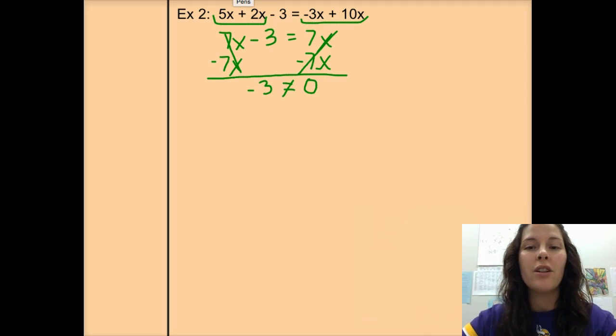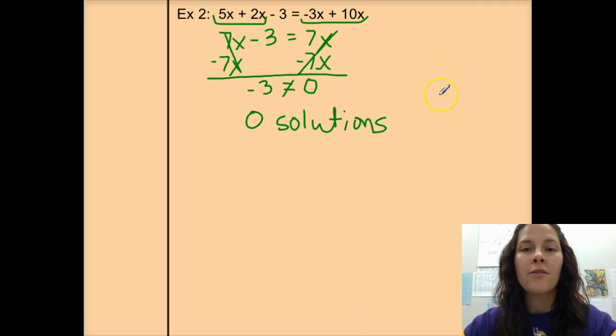So this time we have no solution to our equation, or 0 solutions. So again, if the variable cancels, leaving you with an equation that is not true, there will be no solution to the equation. So now we've seen both types of special solutions.